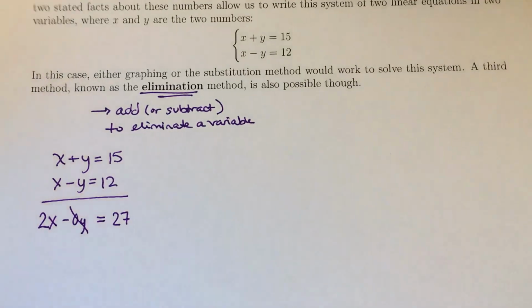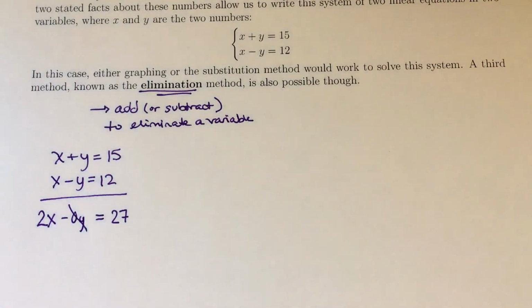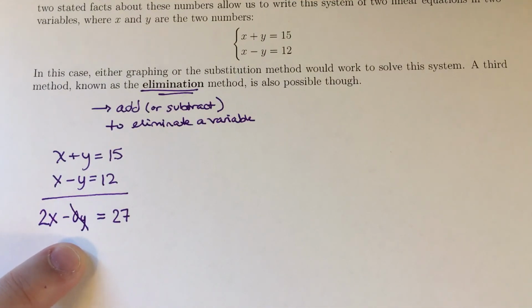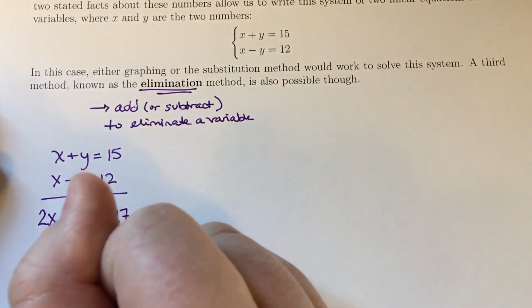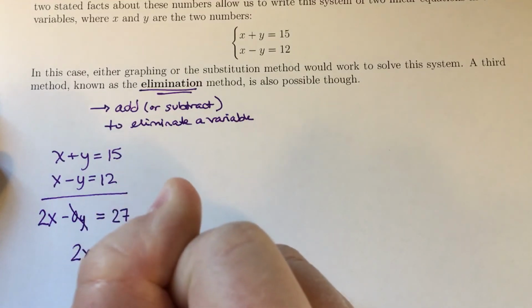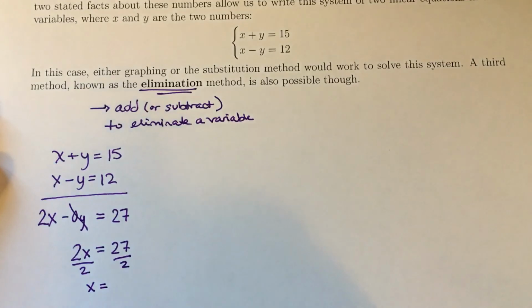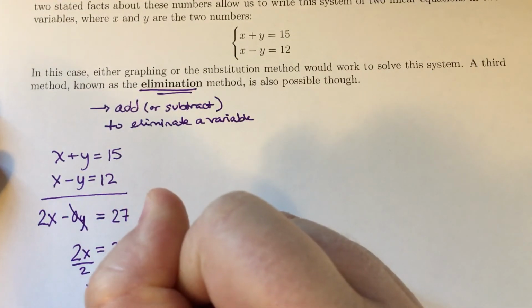And we'll see some examples where we have to manipulate the system in order to get it to add to 0. But that's really our goal, to get one of the variables to cancel or go to 0. Because now what we have is 2x is 27, so I just divide both sides by 2. And half of 27 would be 13.5.